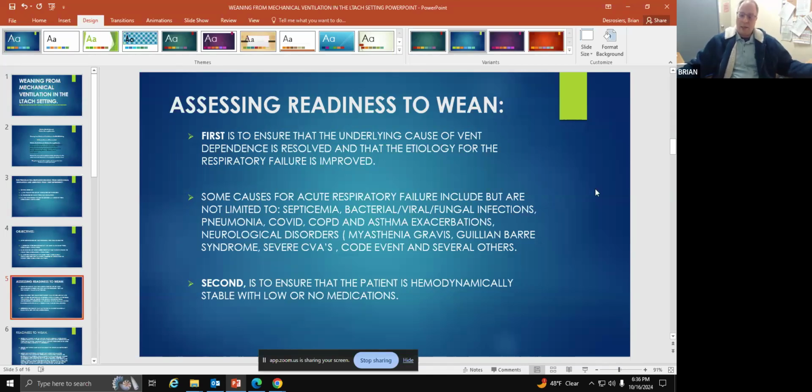Something like myasthenia gravis or Guillain-Barré syndrome, those things are reversible, and we can successfully wean them off of a vent. If it was a code event, those patients, as they get better, can also be liberated from ventilation. But it's important to clear all those things up before we can even think about that.